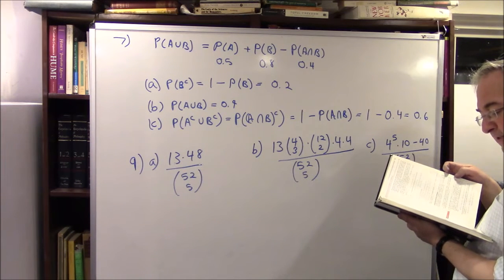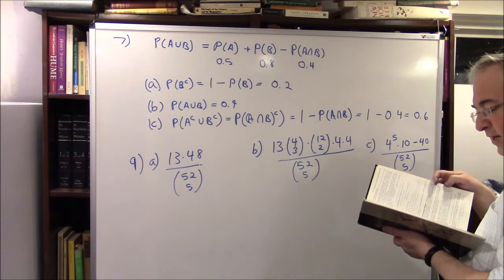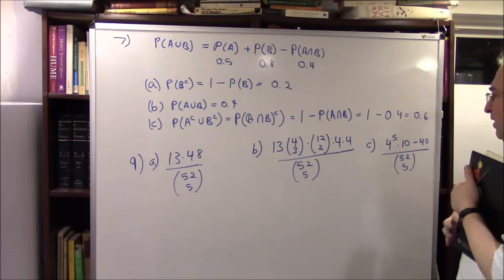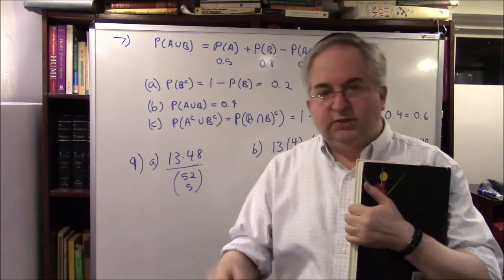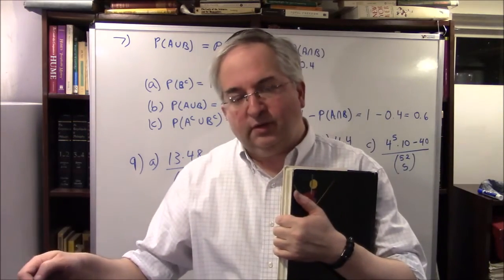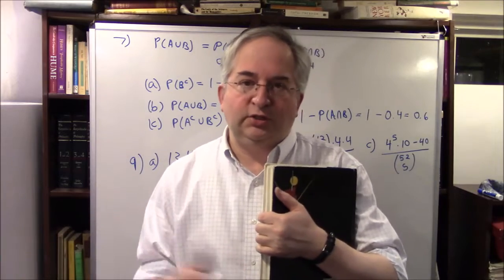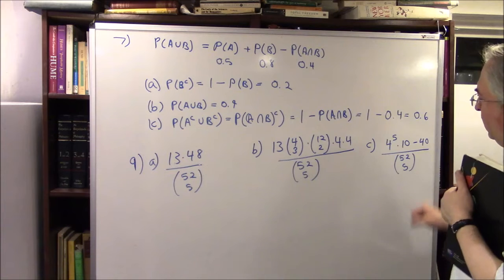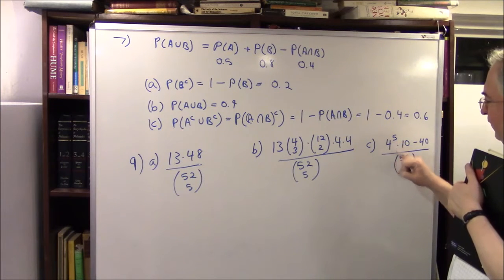Last one, C. A non-exotic straight. Actually, I don't do D and E. A non-exotic straight. So that means straights, which means one number after another. But we don't care about the suits matching, so 4 to the 5th.